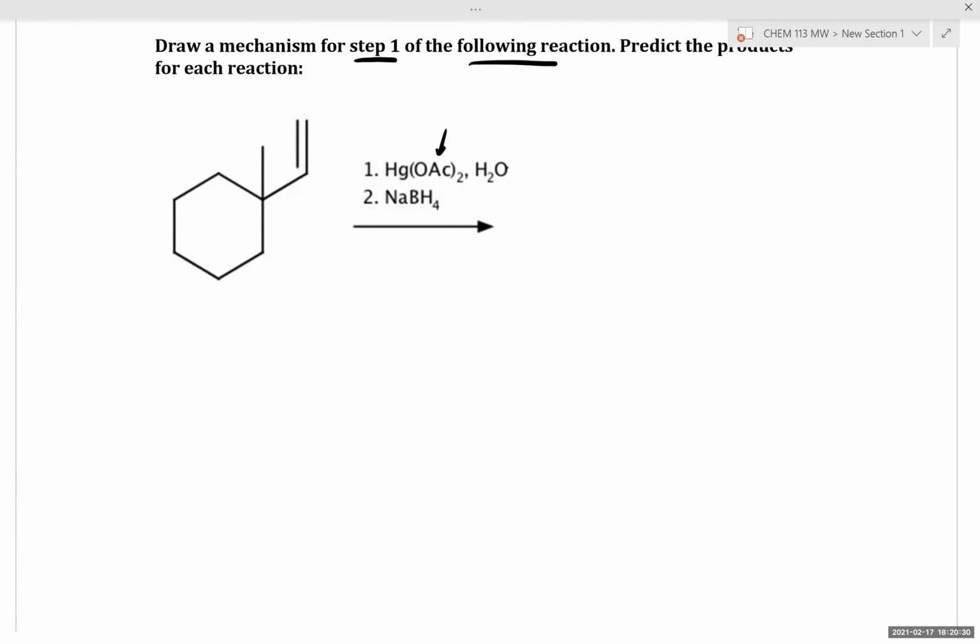Would anyone like to volunteer and try to provide? So we have the mercury acetate drawn. So the student's beginning to draw the first step. It may be easier to draw the acetate separately because you lose an acetate in the first step.